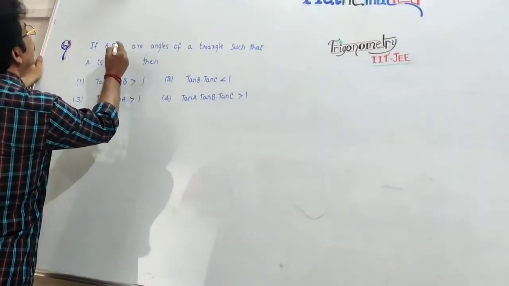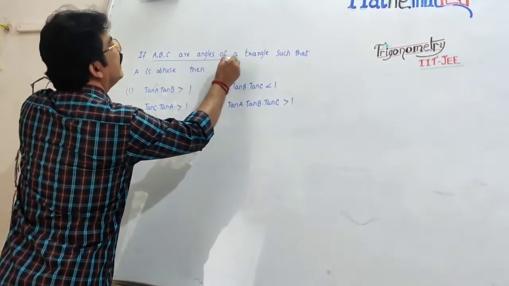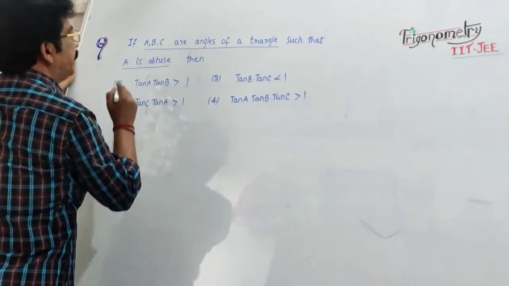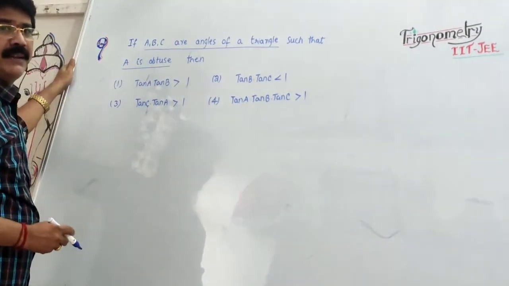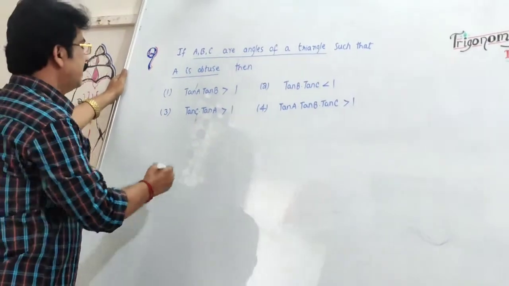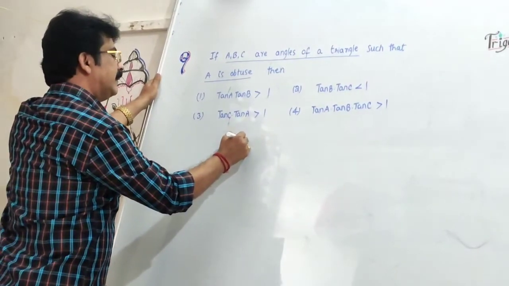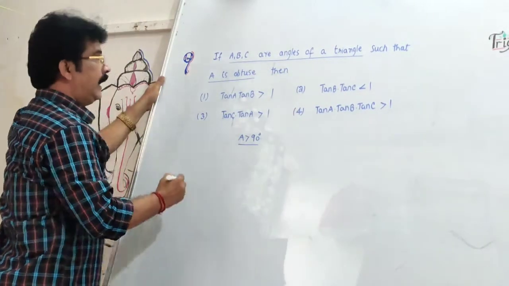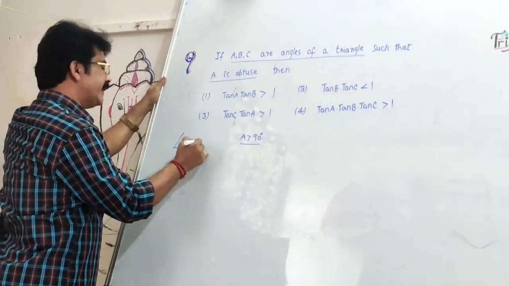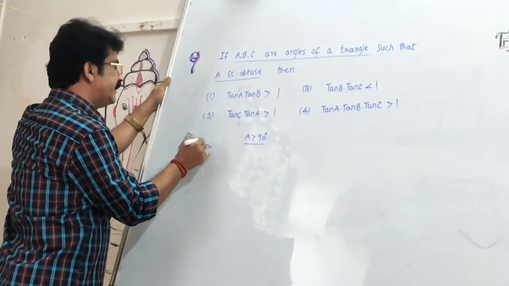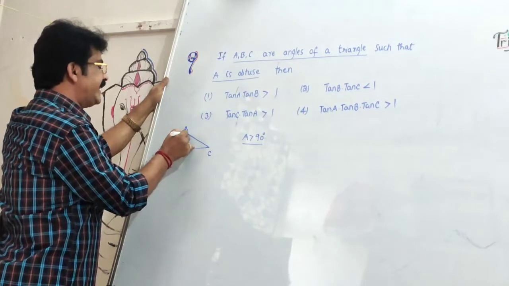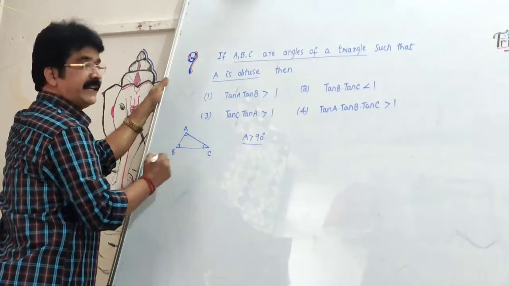If capital A, capital B, capital C are angles of a triangle, so that capital A is obtuse. Capital A is obtuse. Obtuse means A greater than 90 degrees. Okay. Actually, in any triangle ABC, the sum of interior angles is 180 degrees.